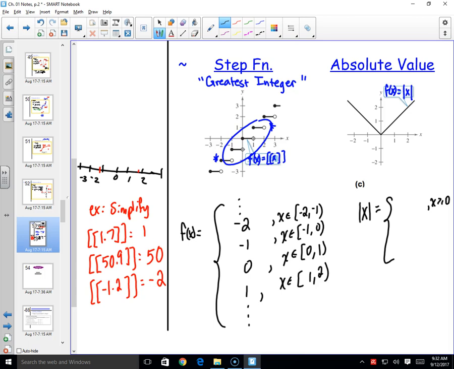So you put in 3, you get out 3. You put in 5, you get out 5. You put in 1.2, you get out 1.2. You put in 0, you get out 0. For all the numbers greater than or equal to 0 that you put in, it comes out the same as what you put in. So any numbers greater than or equal to 0, what you put in comes right back out.